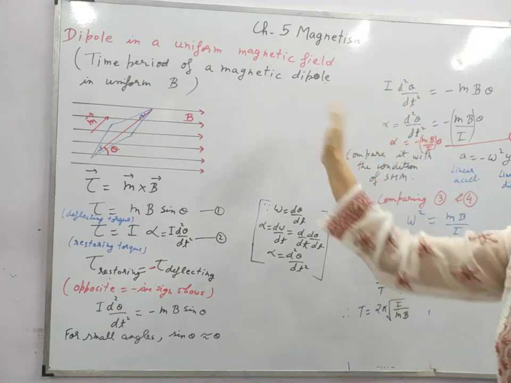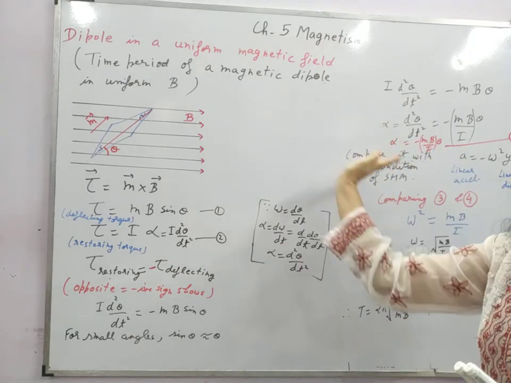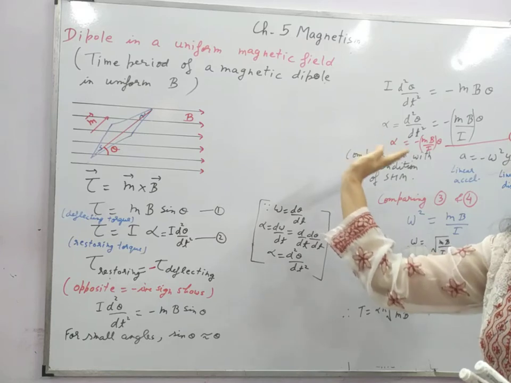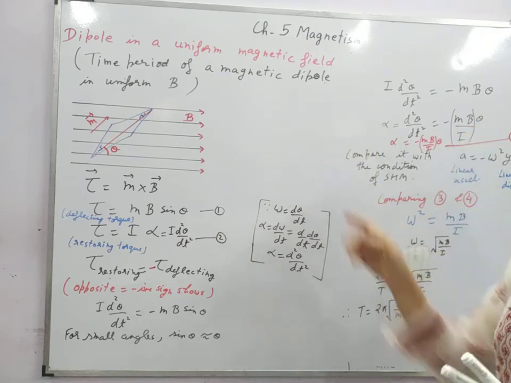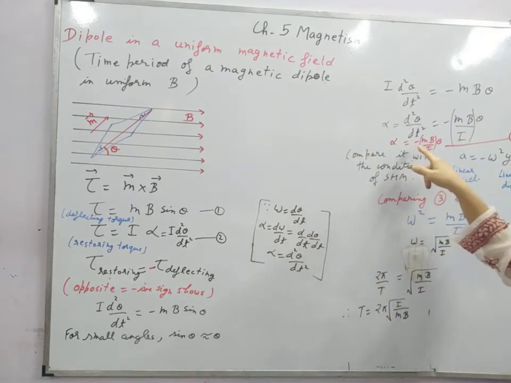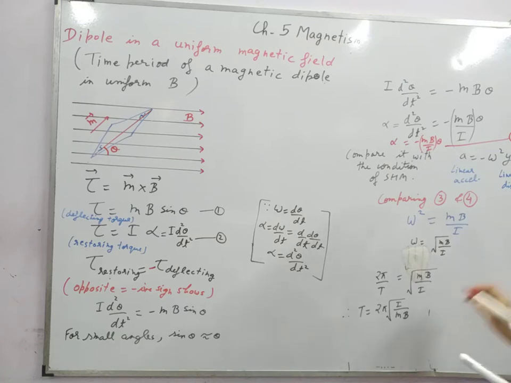Now there is to and fro motion, as I told you, restoring and deflecting torques are opposite. So there will be to and fro motion, and where alpha is proportional to negative of theta, negative of angular displacement.